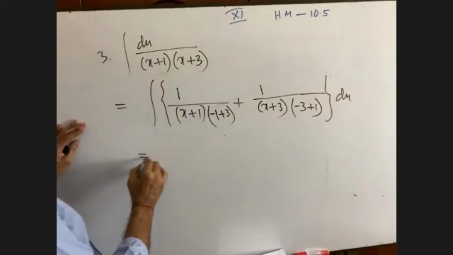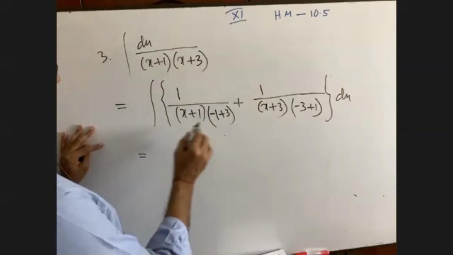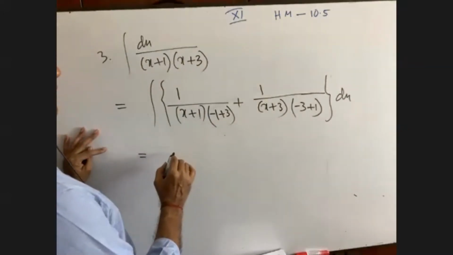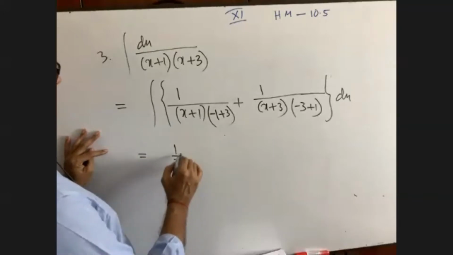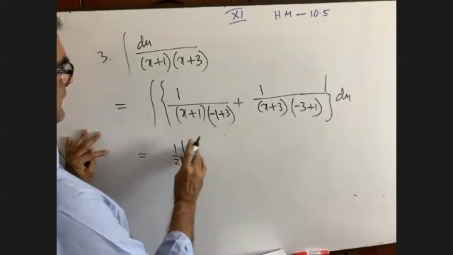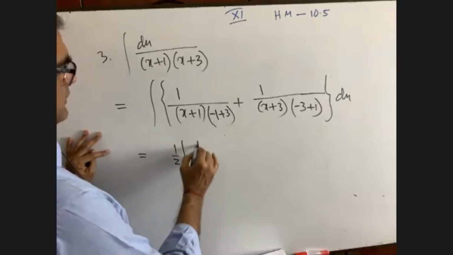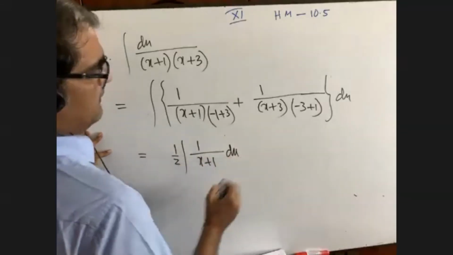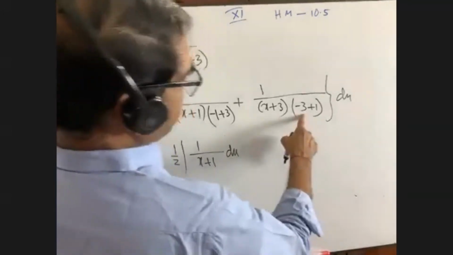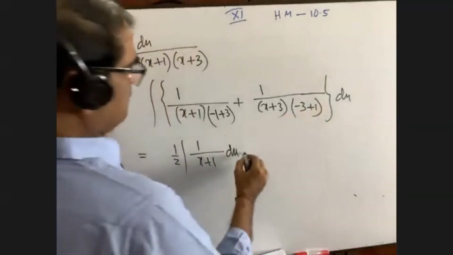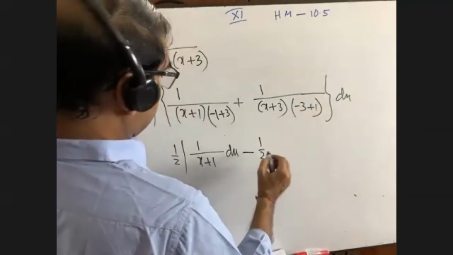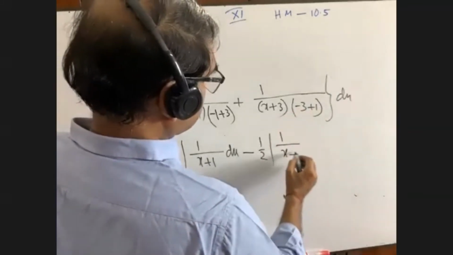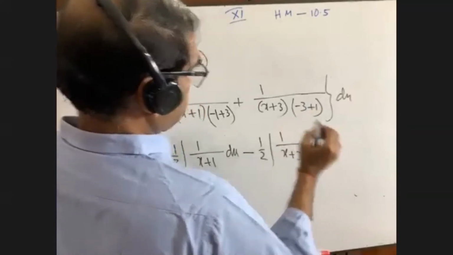That means we are getting here 3 minus 1, that is 2. So we are getting half integral of 1 by x plus 1 dx. Minus 3 plus 1 is minus 2, that is minus half integral of 1 by x plus 3 dx.